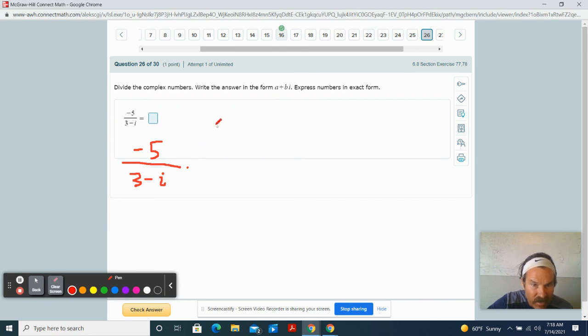So I need to multiply it by, here's my big fat 1. You don't have to draw the big fat 1, but I just want you to understand that we're not changing the fraction. So I'm going to multiply by the conjugate of this right here.